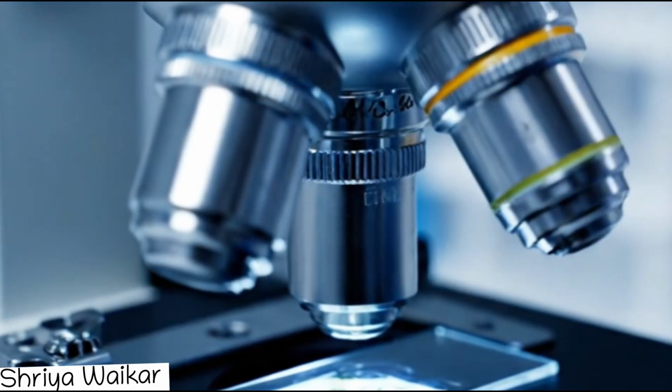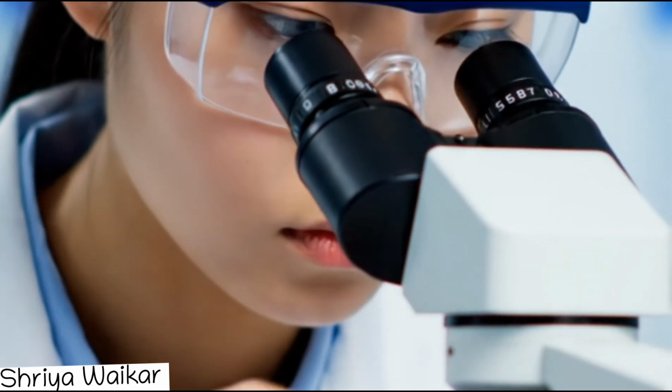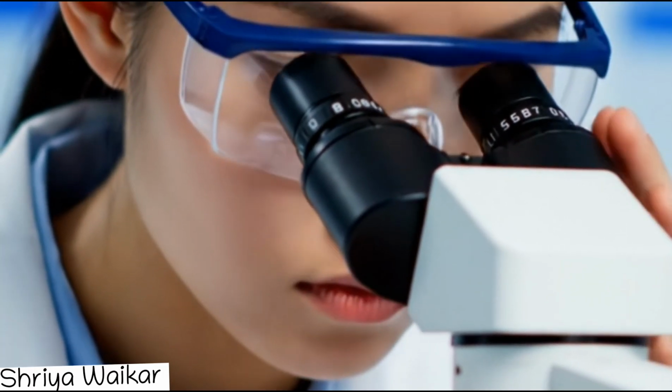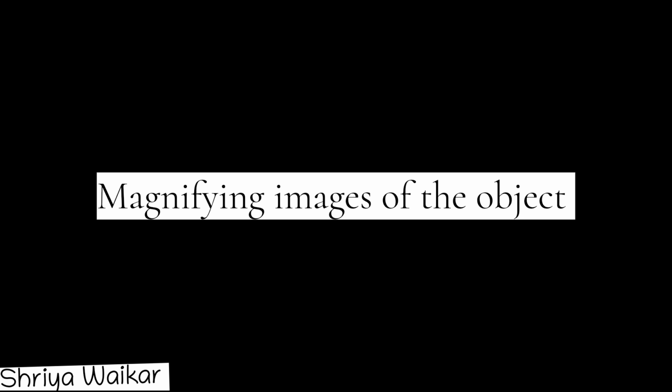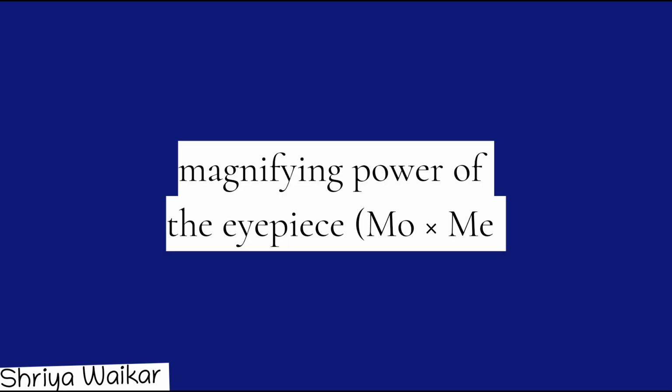Needless to mention, the objective lens, the eyepiece and the eye of the observer must be in the same line for the passage of light to see the magnified image of the object. In simple words, the magnification of the microscope is the product of the magnifying power of the objective lens and the magnifying power of the eyepiece, that is m0 into me. That is the formula here.